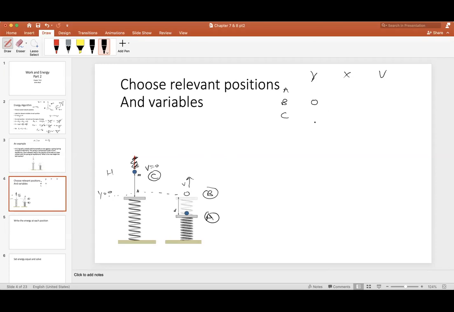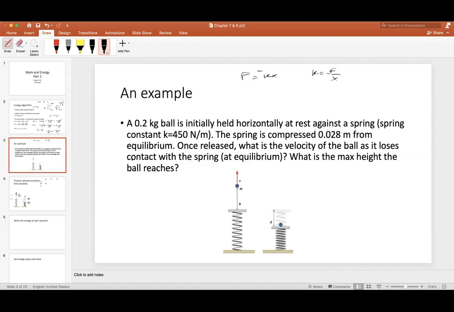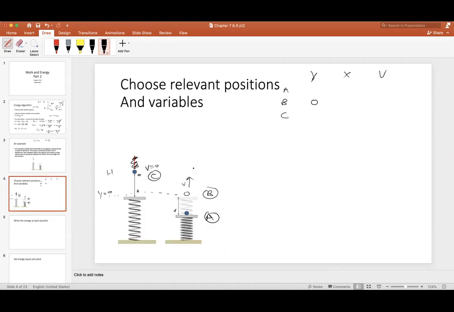Hopefully that makes sense to you. So when it's at A, I need the compressed distance. And it was compressed 2.8 centimeters. So this distance is negative 0.028 meters, 2.8 centimeters. It's negative because we defined 0 to be at B, and we were initially compressing it.